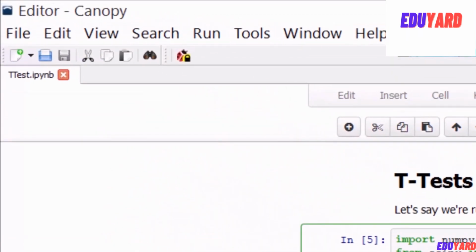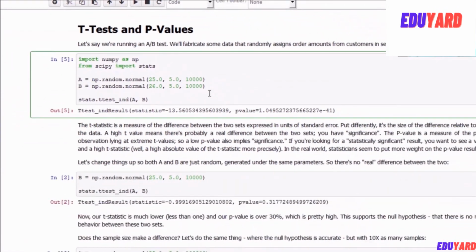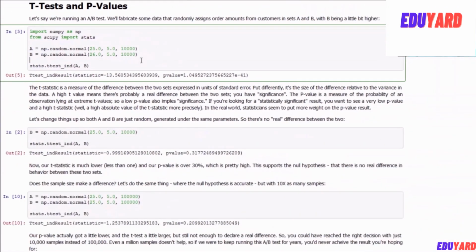Let's imagine that we are running an A/B test on a website and we have randomly assigned our test into two groups, group A and group B. Group A is going to be our test subject, our treatment group, and group B will be our control, basically the way the website used to be.